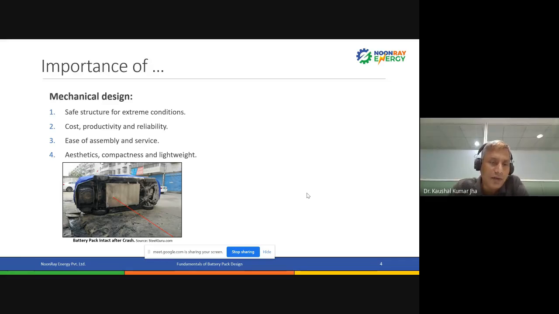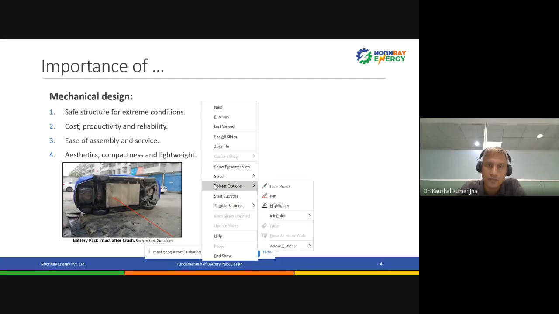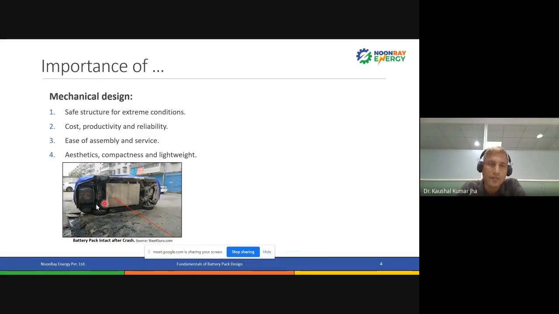So the picture you see at the bottom shows a car that has toppled. Why? Because there is a manhole. You can see there is a manhole here. Somehow one of the tires must have got stuck there and then this car toppled.